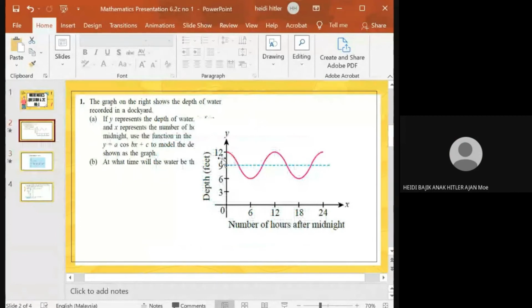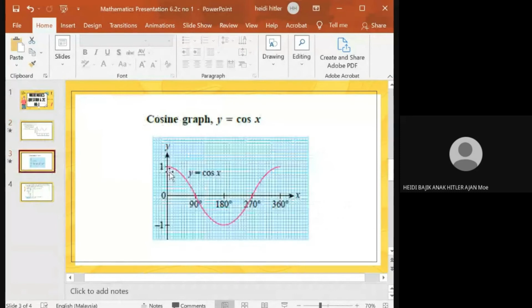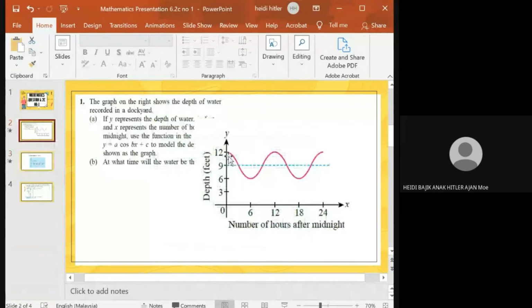So how I understand it, this is one smiley face, and this has two smiley faces. And this height is the amplitude, which is also equal to the difference between the maximum value and minimum value divided by 2.